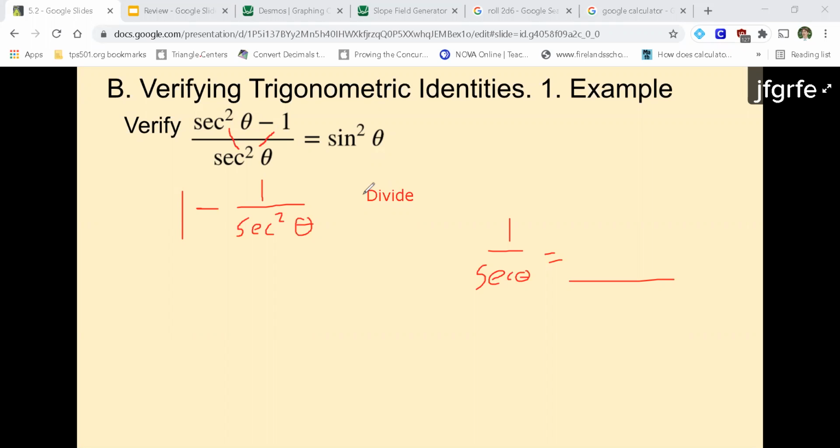Secant is the reciprocal of which trig function? Sine, cosine, or tangent?